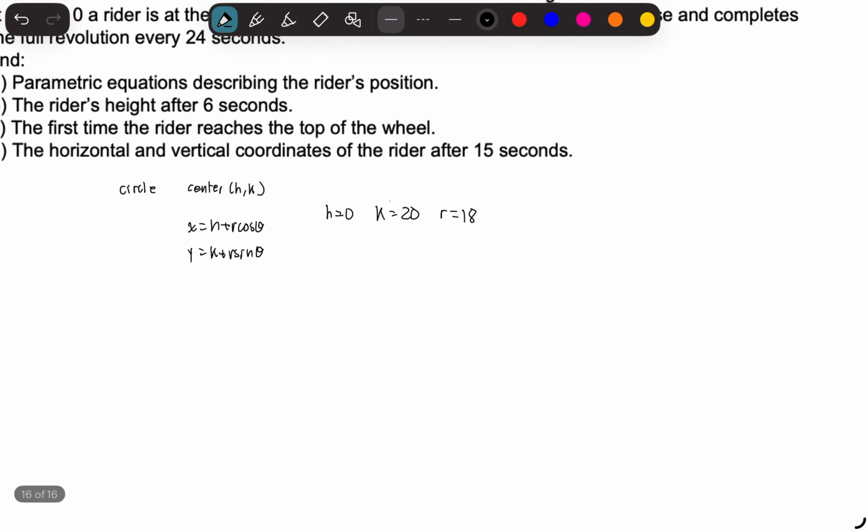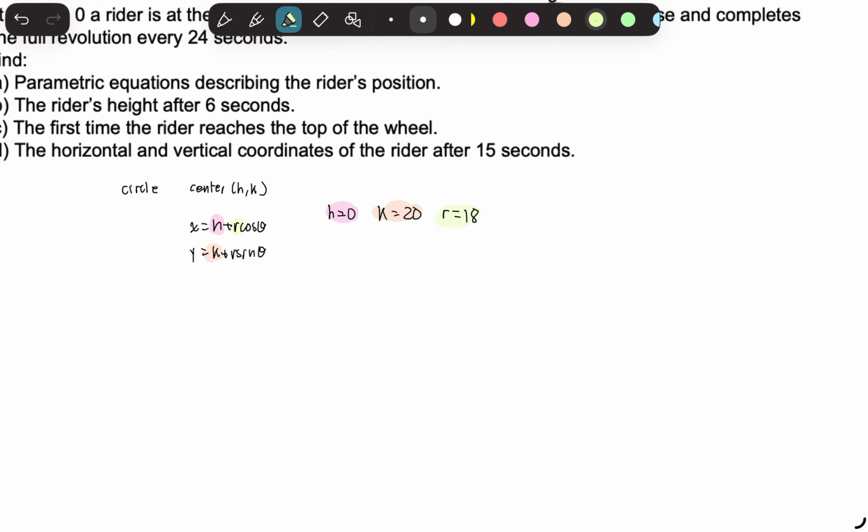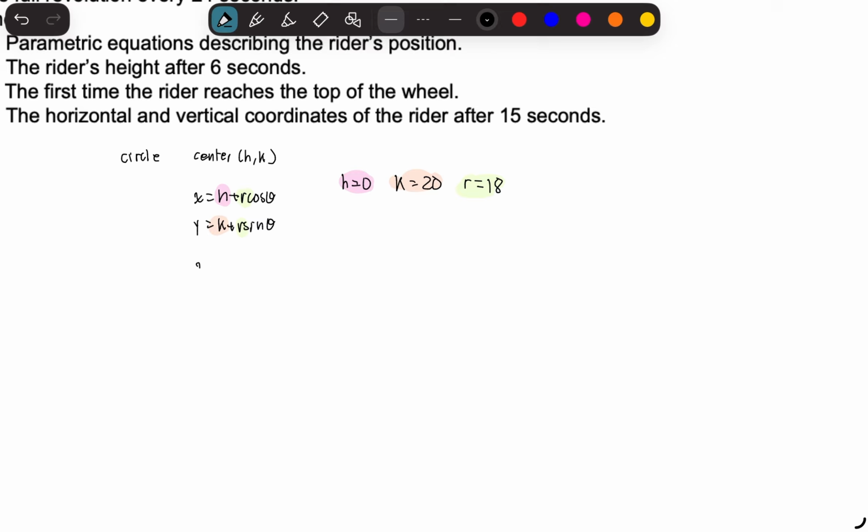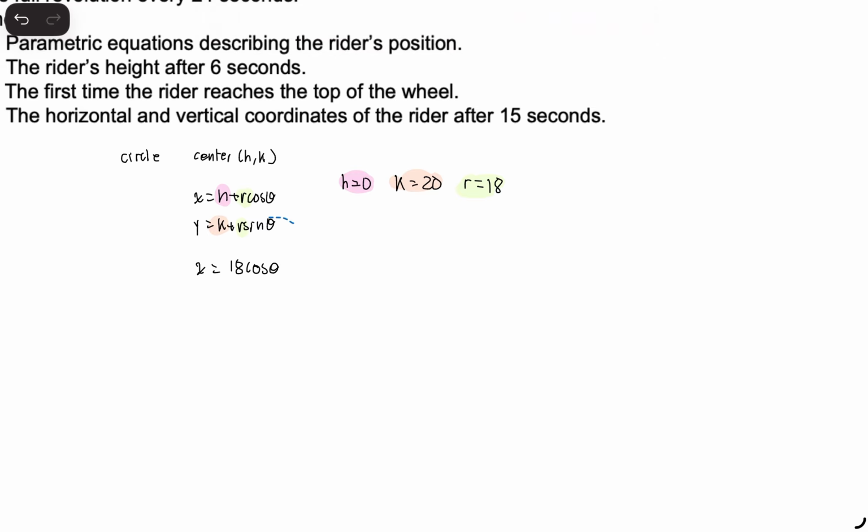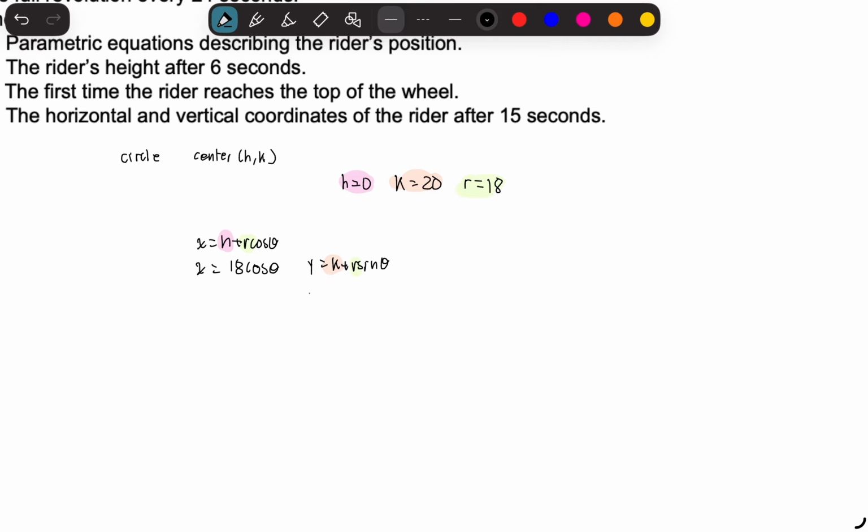So if you sub those in, our new forms are going to be: x is 18 cosine theta, and y is equal to 20 plus 18 sine of theta.